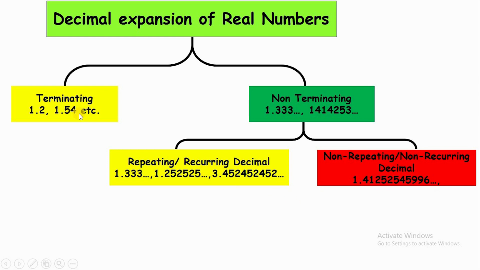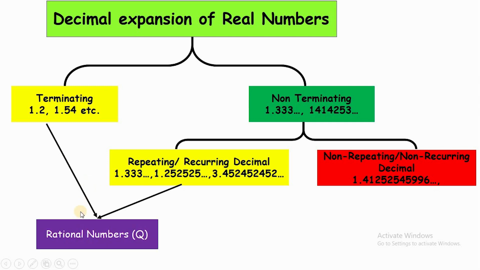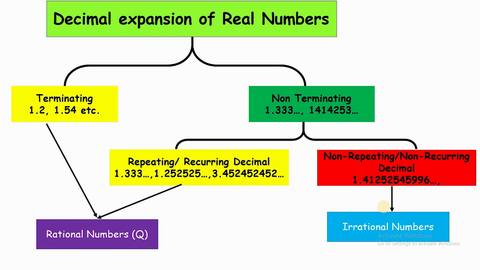Therefore, those decimal expansions which are terminating as well as non-terminating but recurring decimals are called rational numbers. Or we can say that the rational numbers have either terminating decimal expansion or non-terminating but repeating decimal expansions, whereas the non-terminating, non-recurring decimal expansions are called irrational numbers.